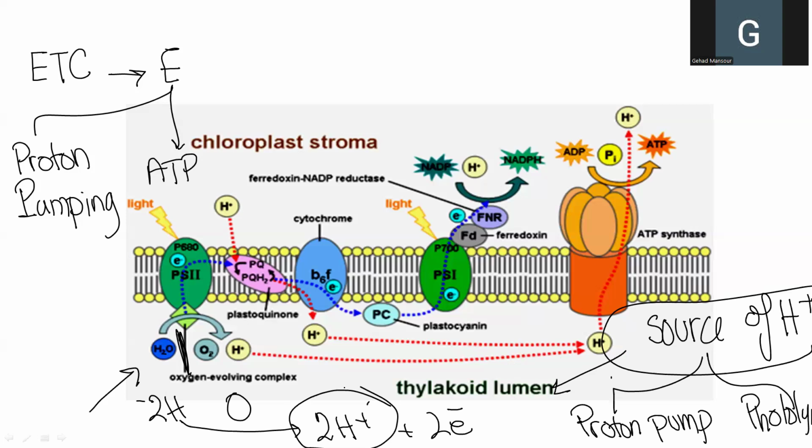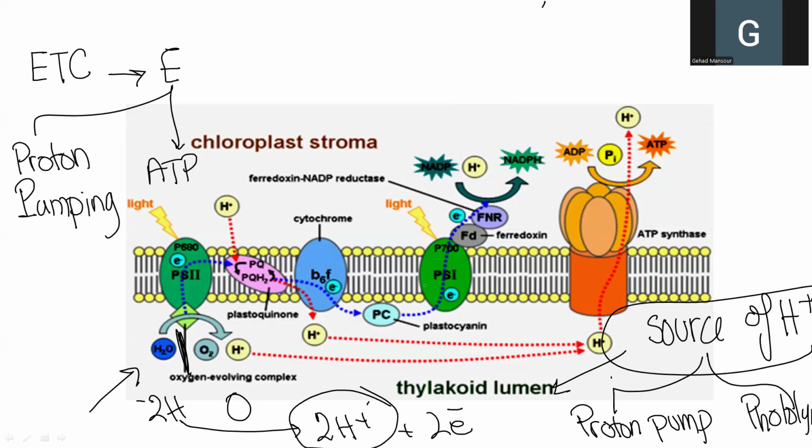So again, the energy released from electron transfer is partly used for proton pumping by the electron carriers, which are also considered proton pumpers, and it is partly stored inside the ATP molecules to generate ATP molecules at the end of that electron transfer chain of photosystem 2.